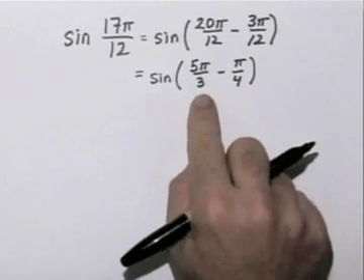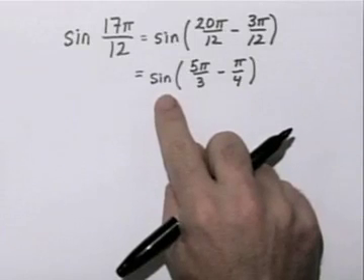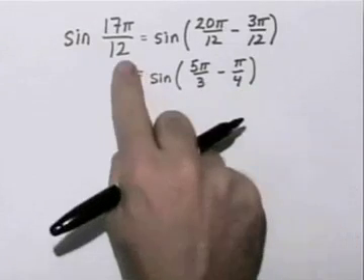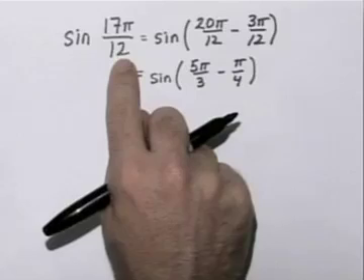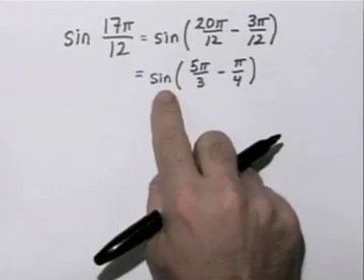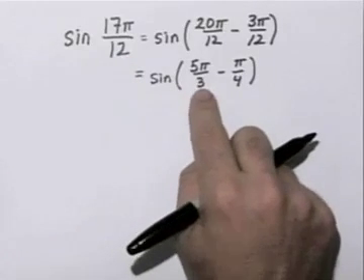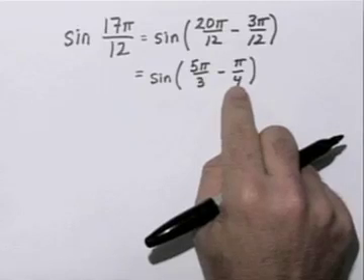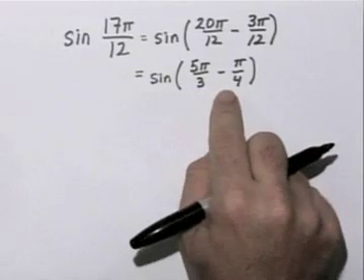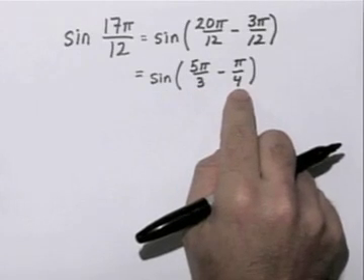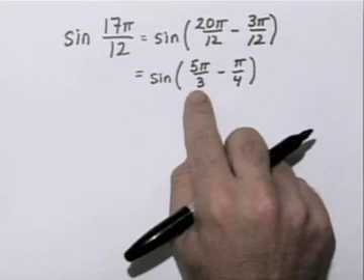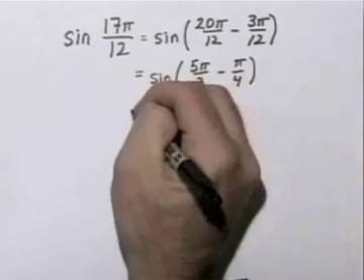So I can use the difference formula for sine in order to get the exact value of the sine of 17 pi over 12. Recall, the sine of alpha minus beta is the sine of alpha times the cosine of beta minus the cosine of alpha times the sine of beta.